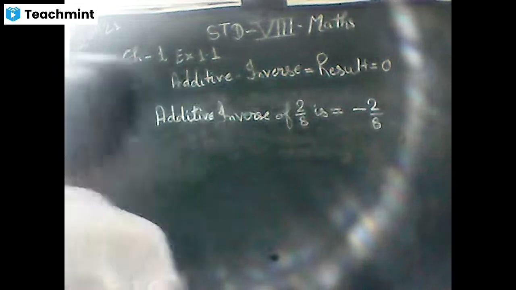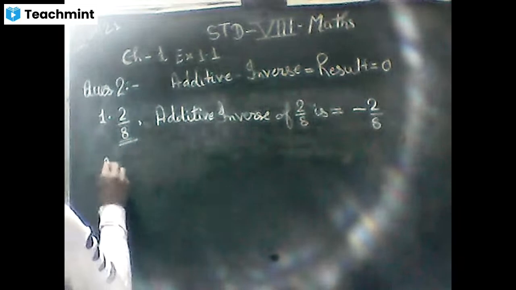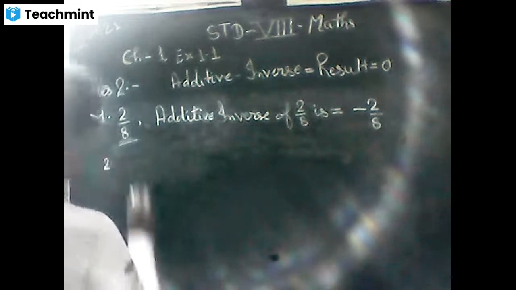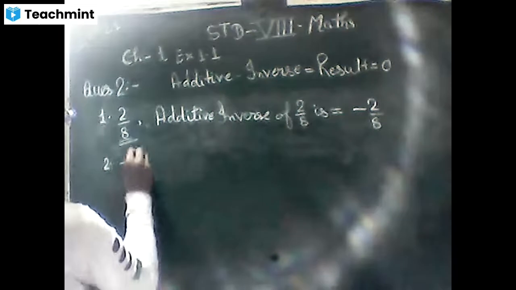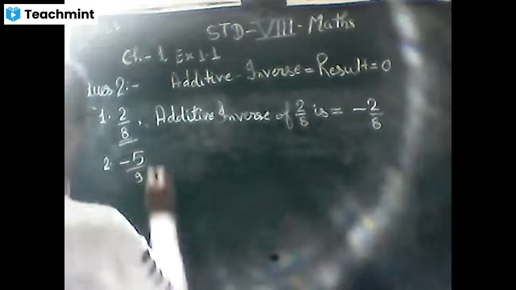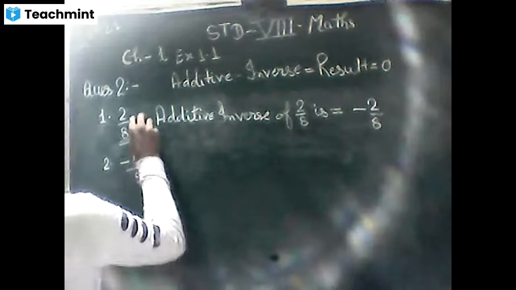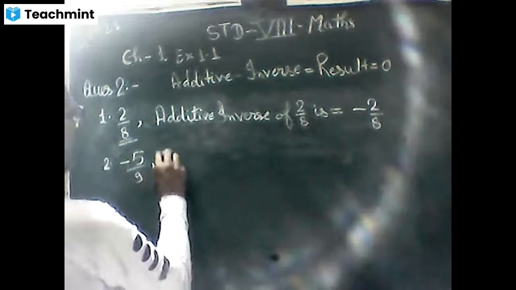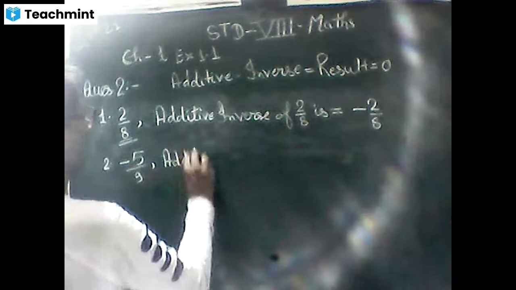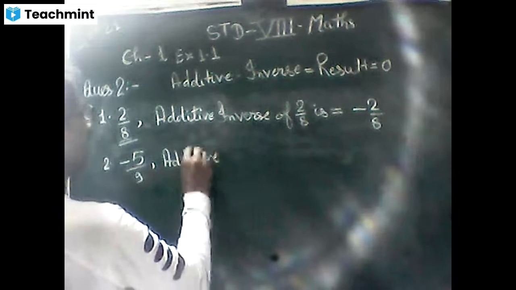Our second problem is minus 5 by 9. We write the additive inverse in the same way.